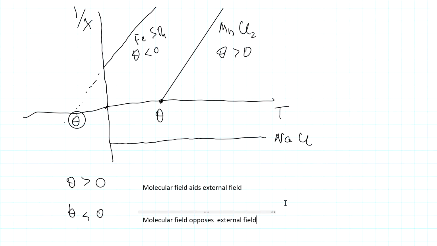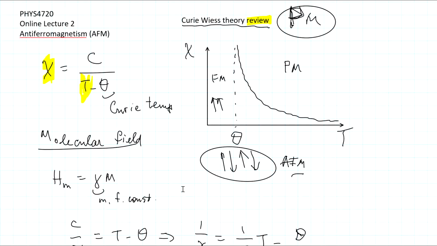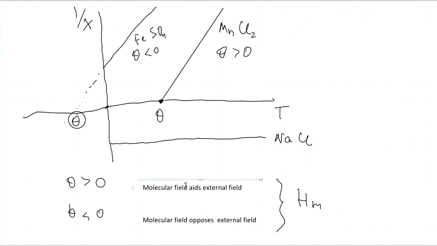Okay, so we have an internal molecular field, and the molecular field we are talking about is the HM that we had above. So this HM is a molecular field. Molecular field can help in magnetic ordering, or it can oppose external field to get ordering. If we measure susceptibility, we have to apply small external fields to measure the response, or it can be done in zero field as well.